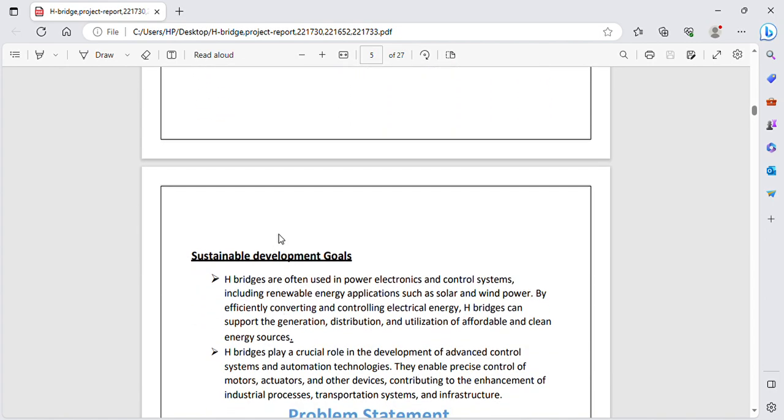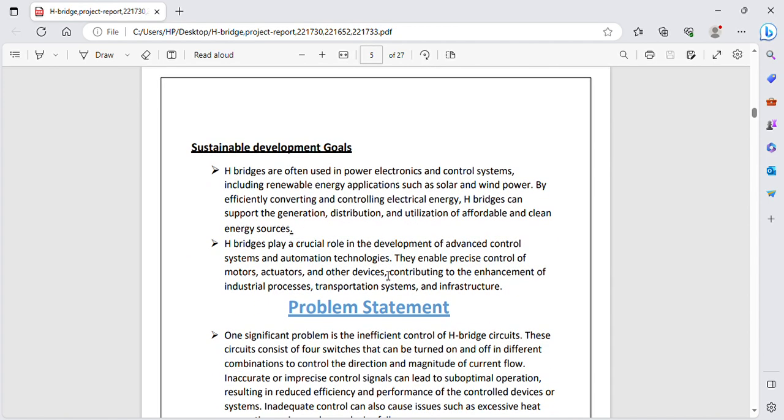Moving next to the sustainable development goals of our circuit. H-bridges are often used in power electronics and control systems, including renewable energy applications such as solar and wind power. By efficiently converting and controlling electrical energy, H-bridges can support the generation, distribution, and utilization of affordable and clean energy sources.